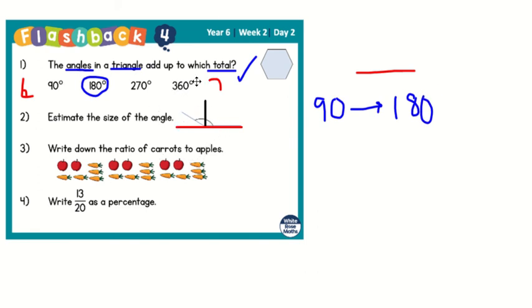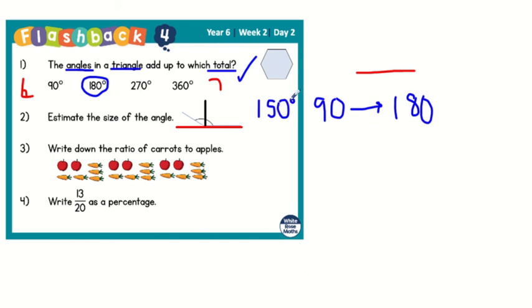Let's have a little look then. I'm going to be thinking, right, we've got 90, 100, 110, 120, 130, 140, 150, 160, 170, 180. I would say that it is approximately around 150 degrees.